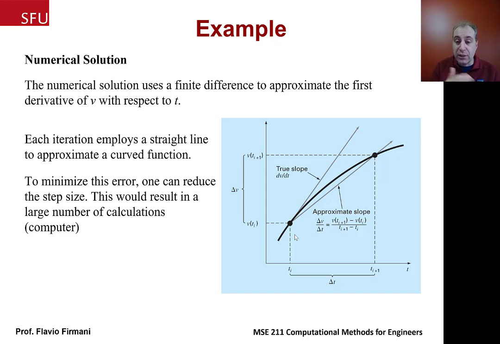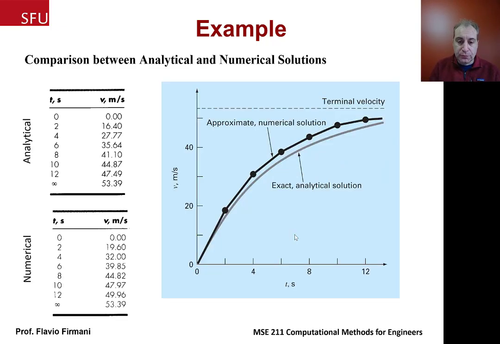So there is a trade-off, and you have to be cautious about what that step size is going to be. But it gives you an idea of what the approximation is and how we can reduce the error that we can have in our simulation if we reduce the size of our step size.